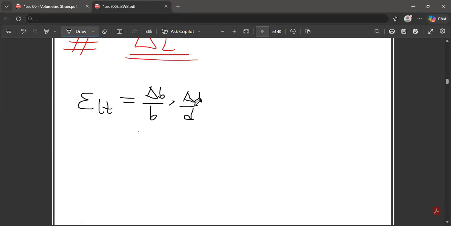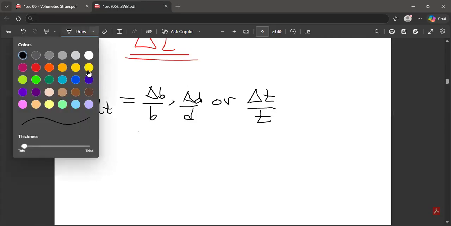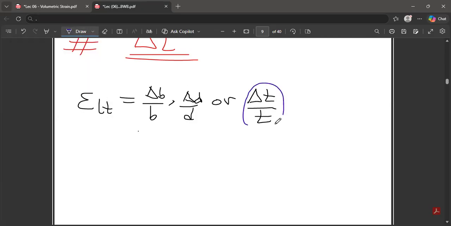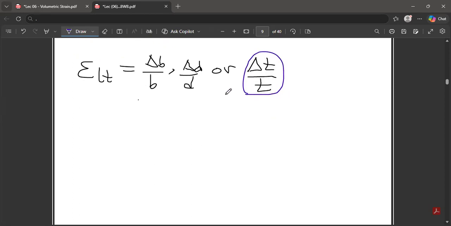Or also we can say the change in thickness over the original thickness. But in this case, since it is the change in thickness that we are interested in, we're going to pick this formula and maintain this one.